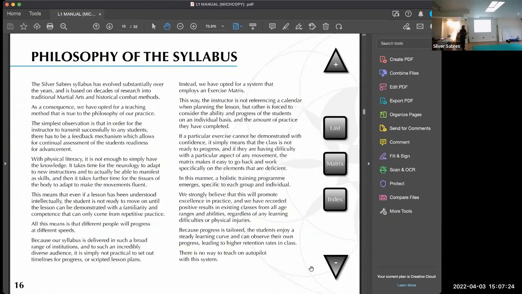This is possibly the most radical part of our syllabus, and it's the culmination of all of my life's work, really, is to turn it into a grid. And I'll come to that in a moment. It is something that can be applied easily to any other form of learning. And I'm amazed that it's not commonplace.